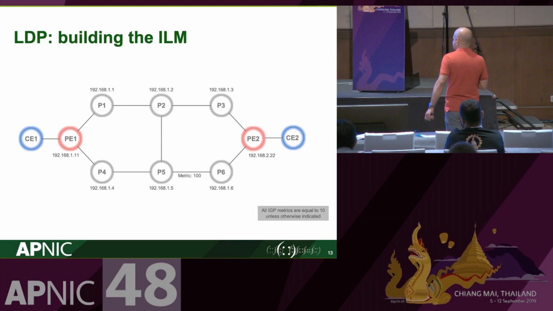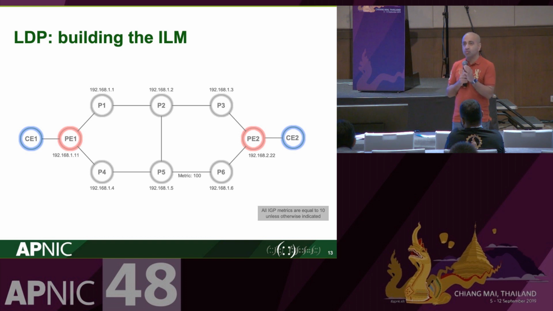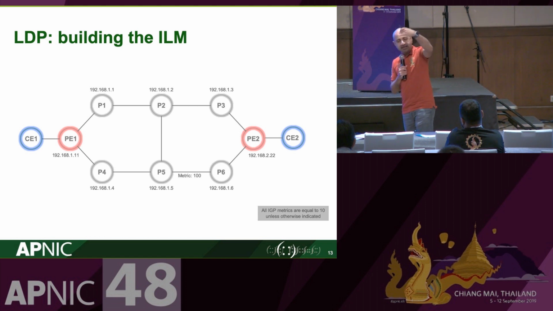Okay. So here's where things really get interesting. And you'll see how MPLS actually works as a result of following this example. Now, we spoke about labels, right? That a packet comes into an LER, and it takes the packet, puts a label on it. How does it know what label to put on the packet?